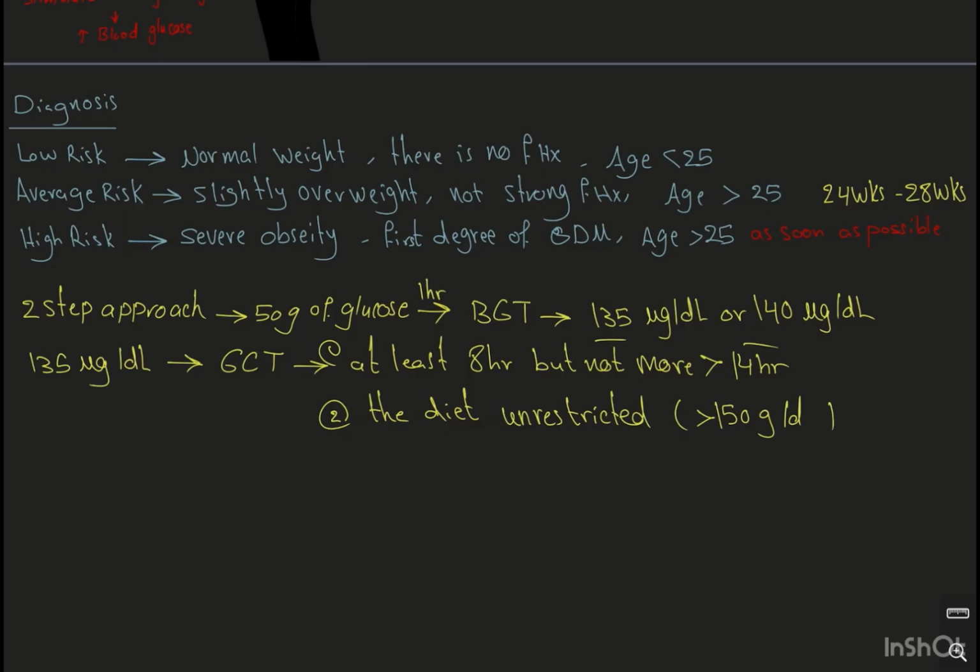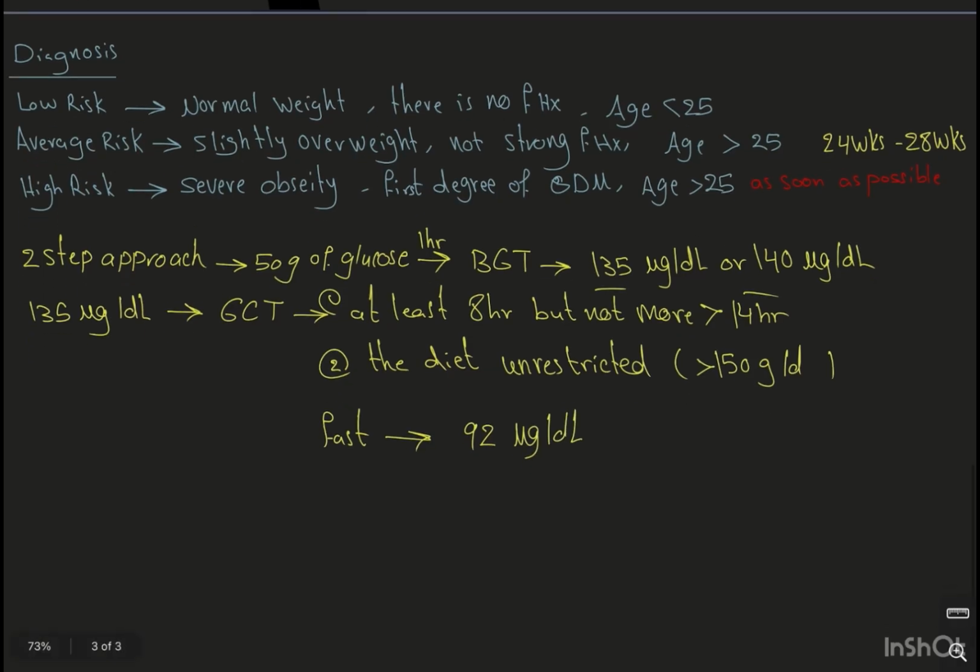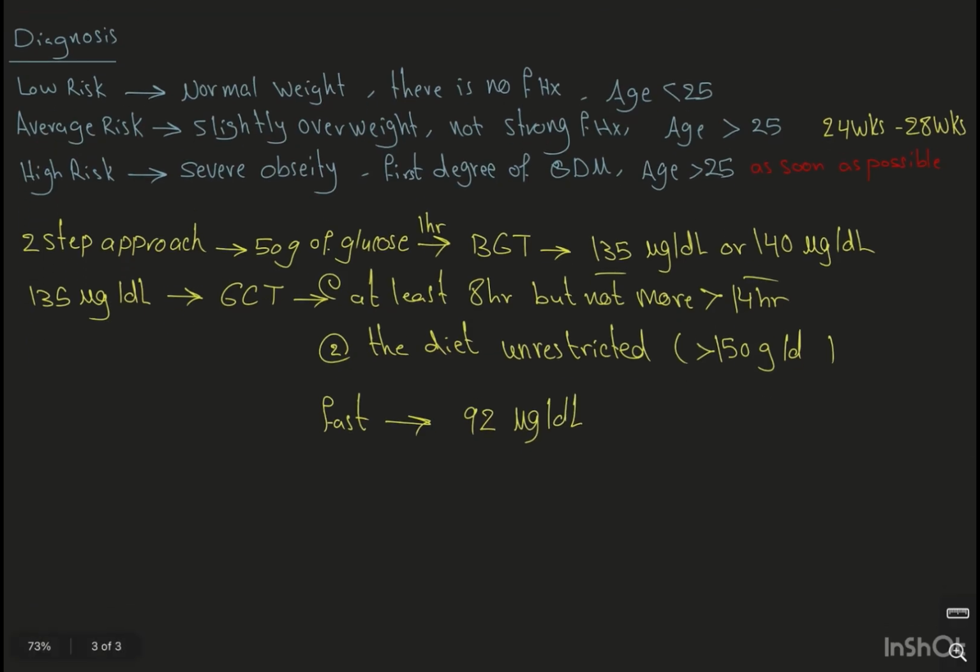And the fasting result in the morning should be at least 92 milligrams per deciliter. And she will take after that 100 grams of glucose.